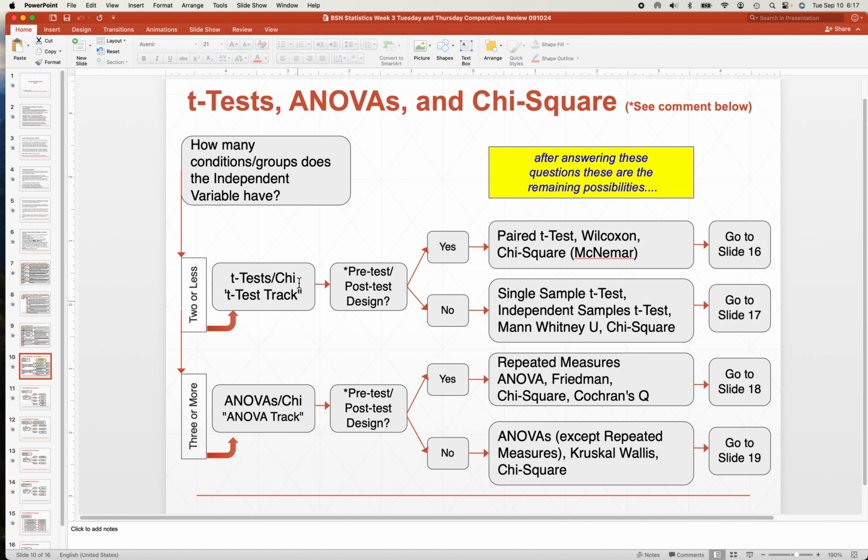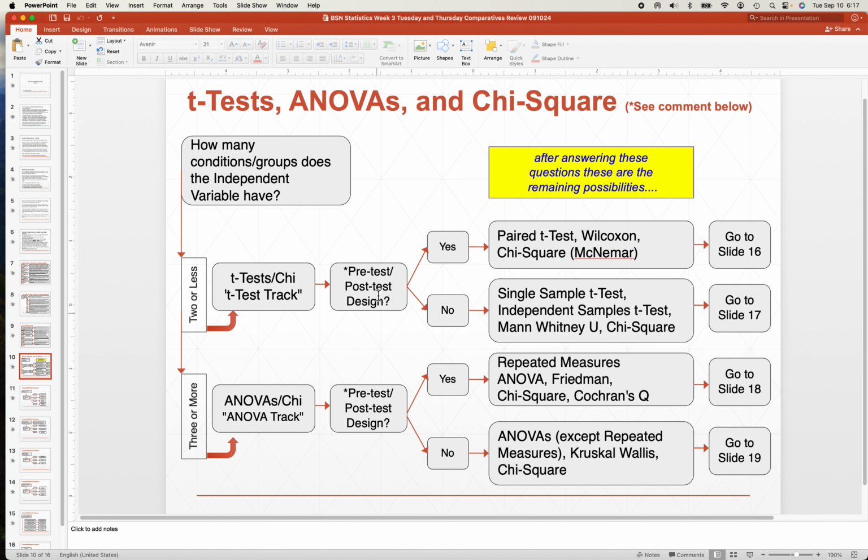And I can tell you right now, just knowing that we have a question about comparisons, and knowing that it's not a pre-test, post-test, and knowing that we have 2 groups in our independent variable, we've just eliminated all the possible statistical tests out there down to only maybe 6 or 7 possible tests that we could use to analyze our data. So we're on what I call the t-test track.